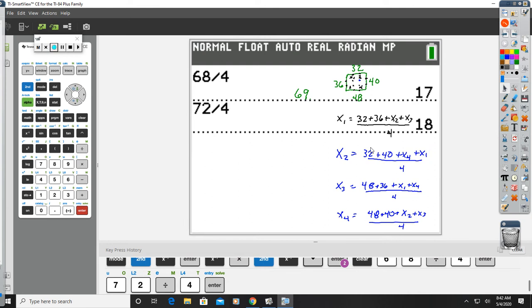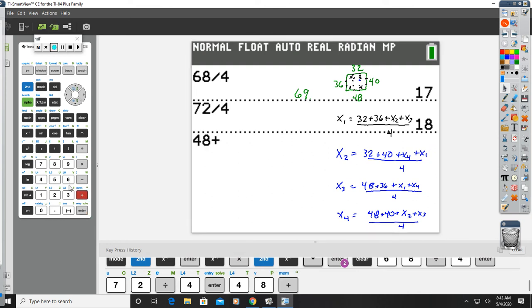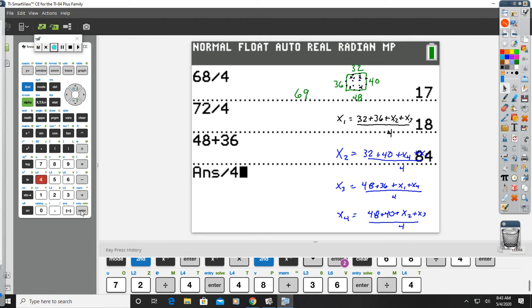I hit enter. Now 48 and 36, and I'm going to divide it by 4. That's 21.